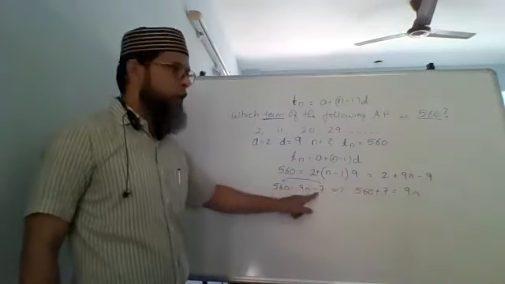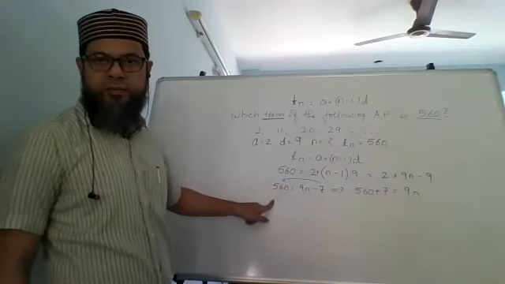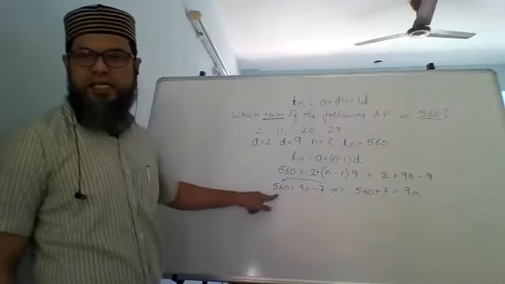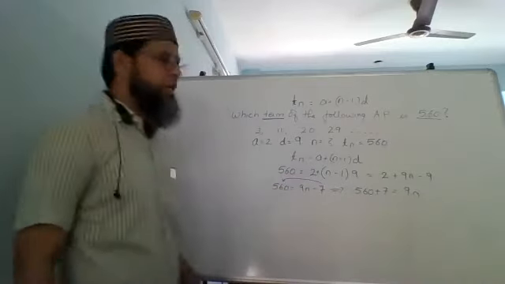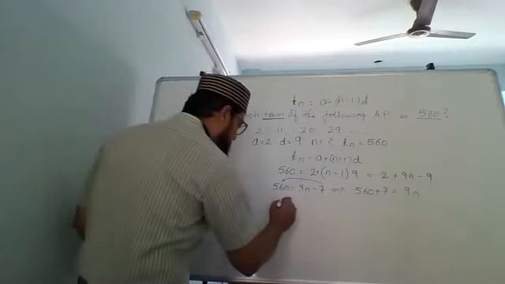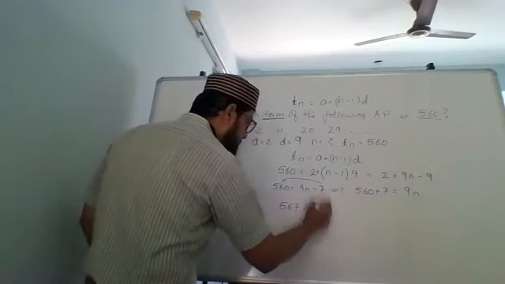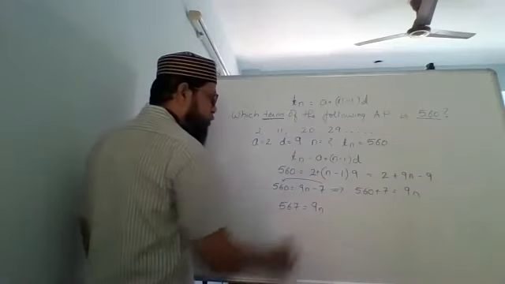From right hand side, it is coming to left hand side, so it has become plus 7. So 560 plus 7 becomes 567 equals to 9n. Bring this 9 this side or divide both sides by 9.